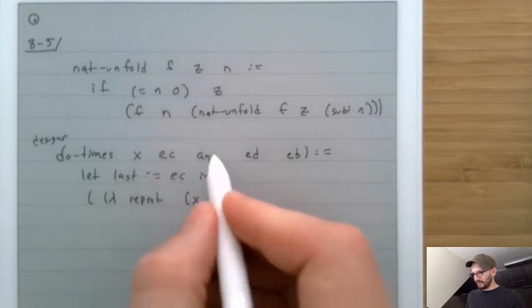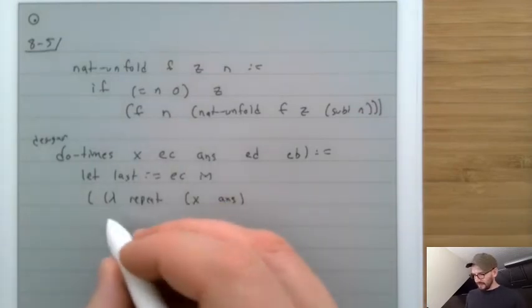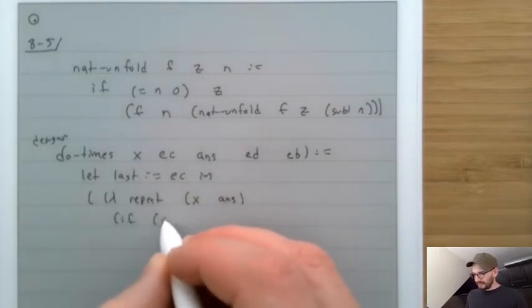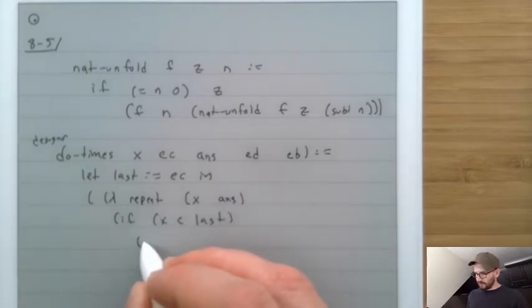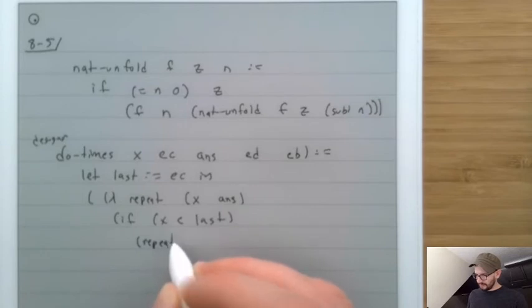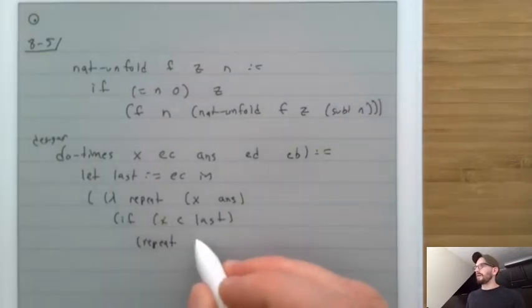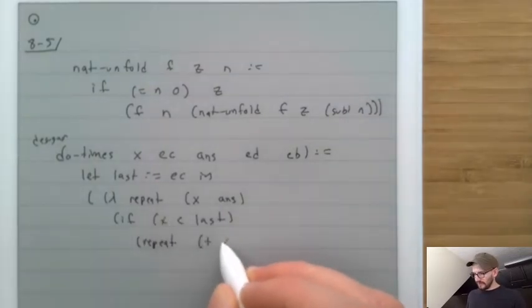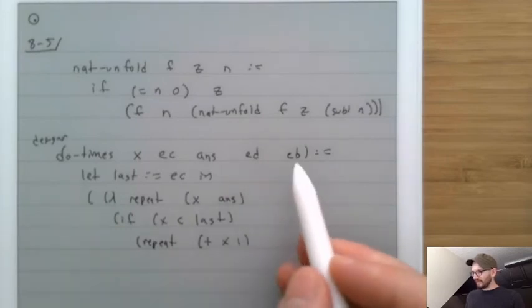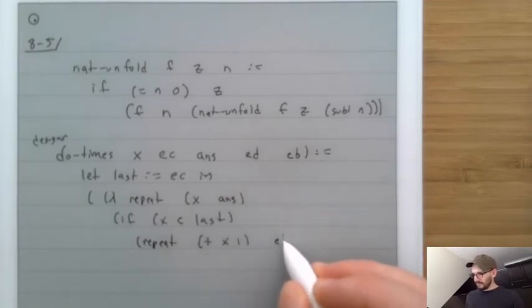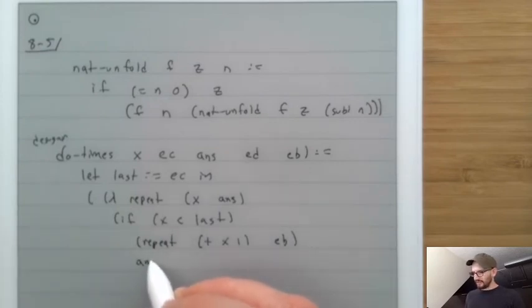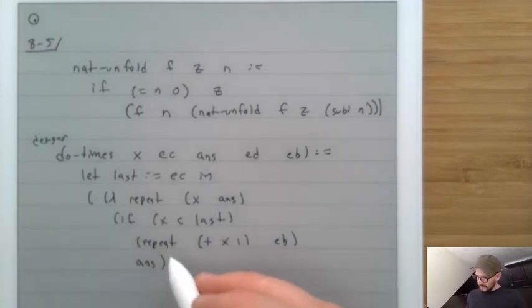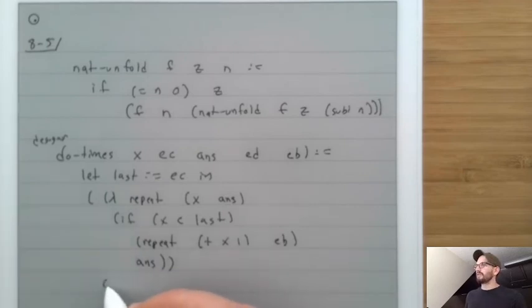Then if x is less than last, we'll call repeat, that's this function, with a new x plus 1, and we'll take this code right here and put that in, and otherwise we'll return the answer, and we'll close off that, and then we'll start this off with 0 and ed.